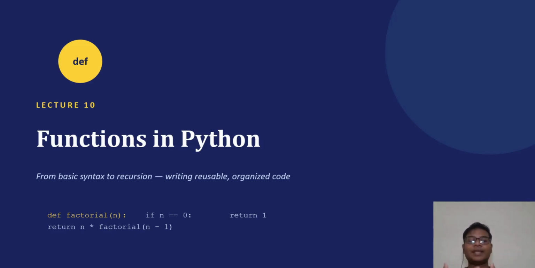So that's from basic syntax to recursion, writing reusable organized code. Let's begin. Here are some basic examples of the factorial, like how to write a factorial in a function with the use of recursion.